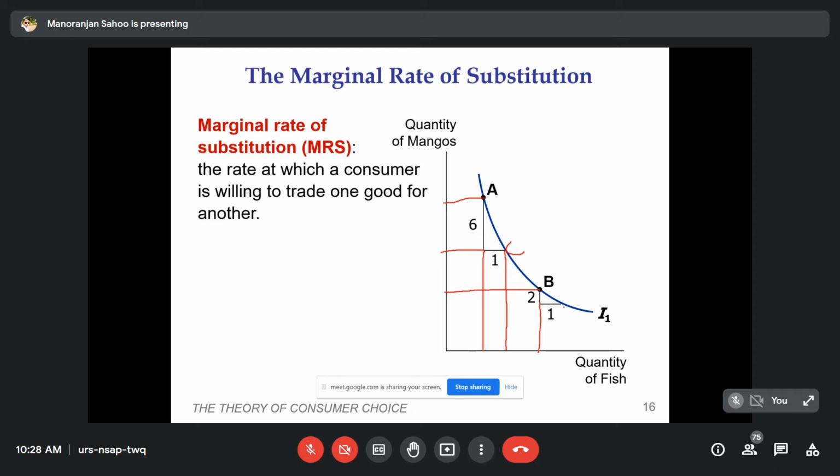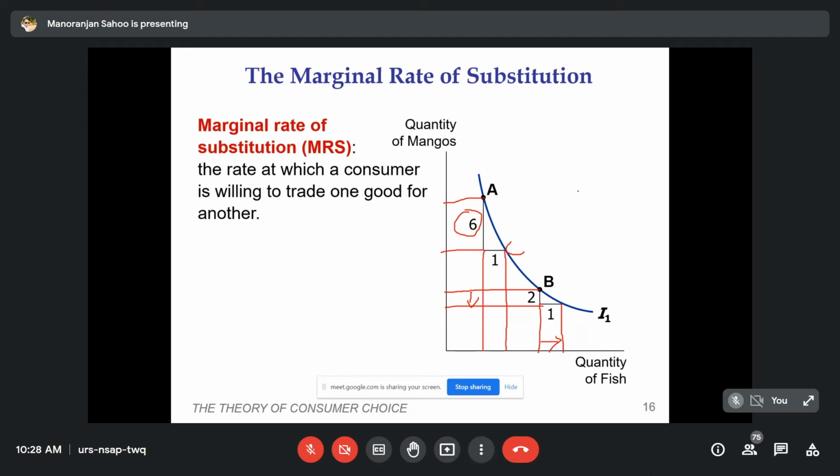So here the consumer, in order to add one more unit of X, will not reduce the same amount of commodity Y. Initially at combination A, he had a huge amount of commodity Y, so he was ready to sacrifice 6 units of commodity Y for just 1 unit of commodity X so that his happiness would be equal.